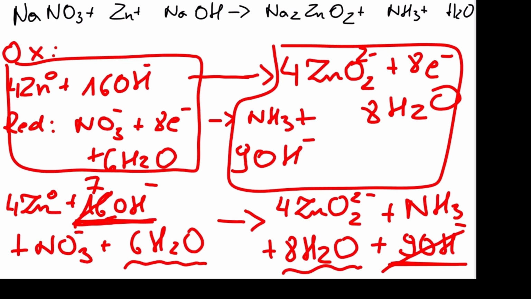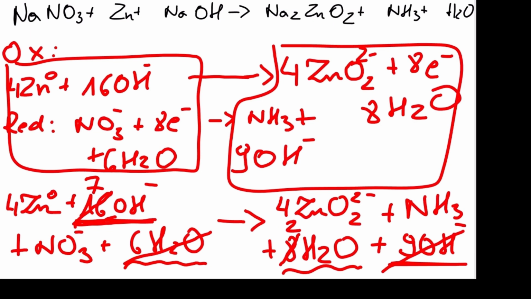The same situation with water particles. On the left side we have 6 water particles. We need to remove all of them. On the right side we have 8 particles. If we will remove also 6, like on the left side, the 2 of them will remain on the right side.